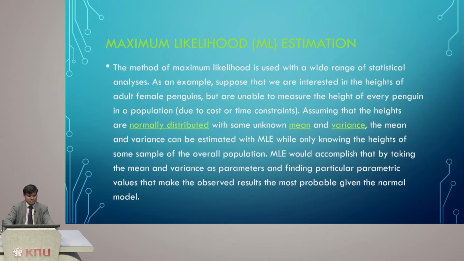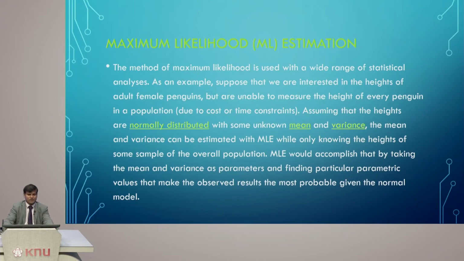Okay, so this is an example of Markov chain estimation, where for example, suppose you are interested in the heights of adult female penguins, but you are unable to measure the height of every penguin in the population because it's quite impossible to reach the place and measure the heights yourself.